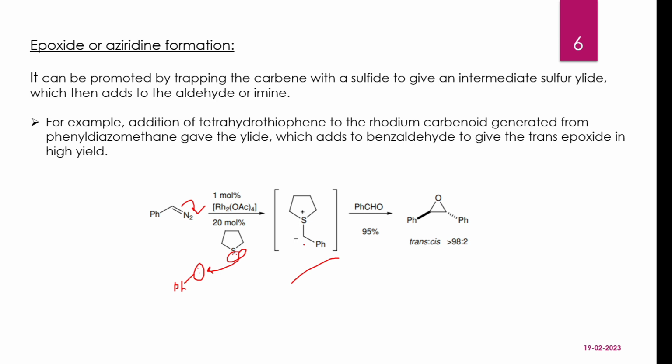Sulfur is positively charged and there is a negative charge adjacent to the positively charged sulfur. So we are getting a sulfur ylide. This type of reaction I have taught you previously, maybe in the first session. This type of sulfur ylide we can also call a sulfonium ylide. This is also called a sulfonium ion.